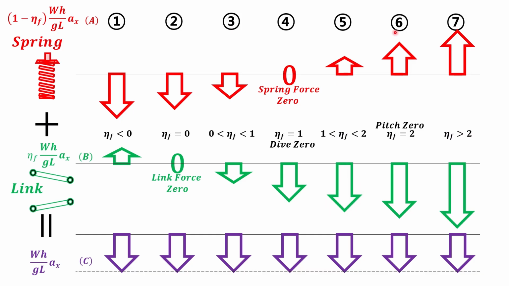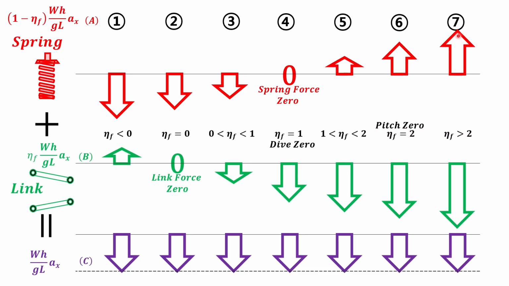Number 6 indicates that if the virtual reaction point lies on the pitch angle 0 line, eta F is 2, meaning that in absolute value, the resultant vertical force compressing the links acts twice as large as the vertical force tensioning the spring. In this case, since the same force acts in the same direction on the front and rear springs, the pitch angle becomes 0.